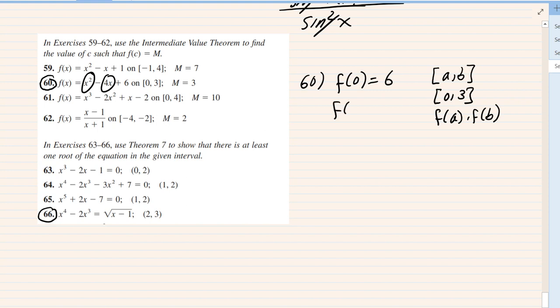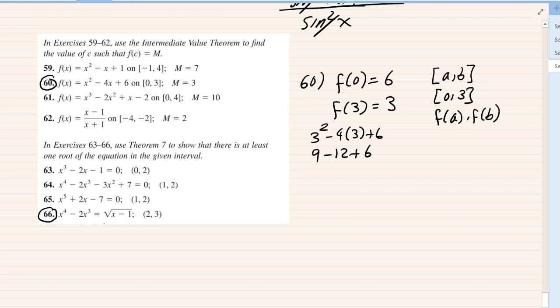And f at 3, again, you plug in a 3 for x. And for this one, f at 3 is going to be 3 squared, minus 4 times 3, plus 6. That's going to be 9 minus 12 plus 6, so that's going to be 3, right? Okay, and what is m? m is 3 in this case also, right?